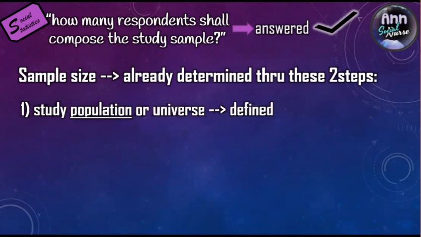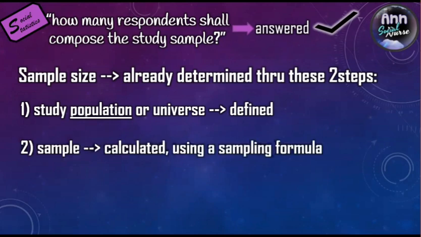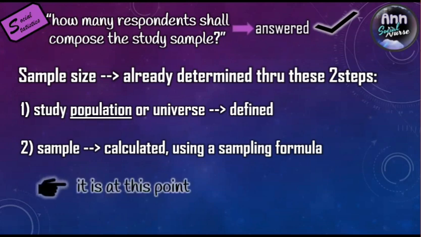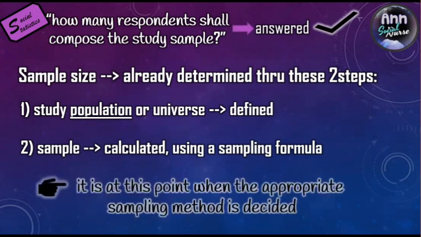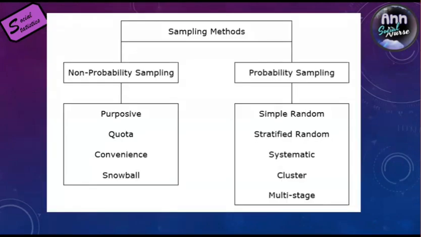First, the study population or universe is defined, and the sample is calculated using a sampling formula. It is at this point that the appropriate sampling method is decided.